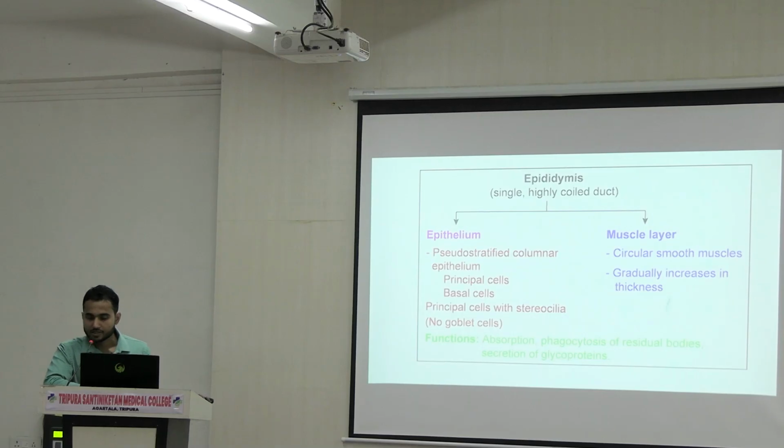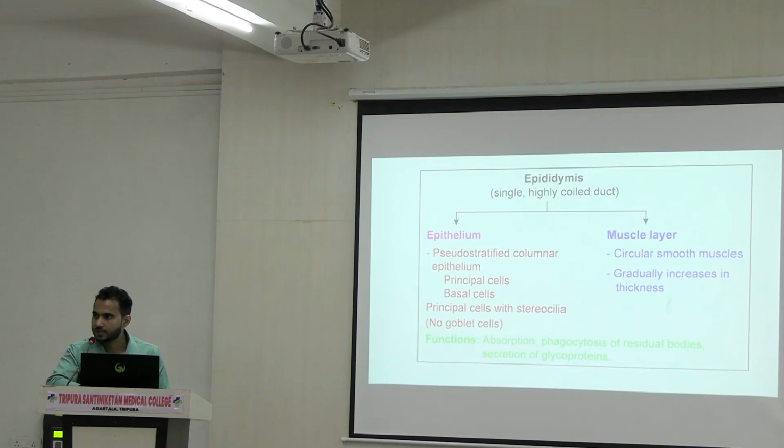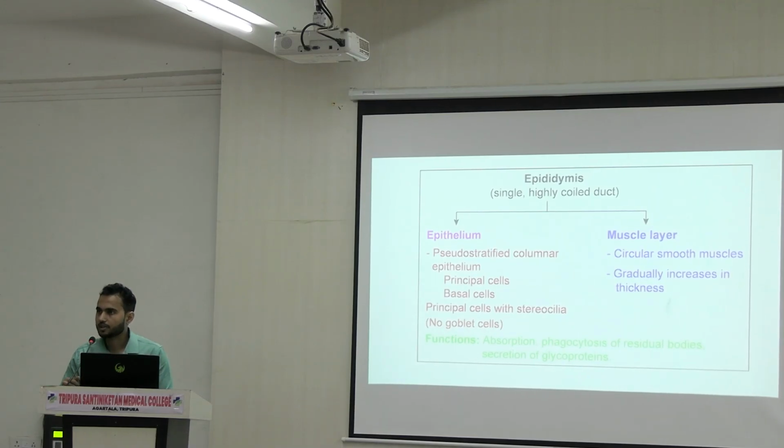Goblet cells are absent in this particular case. Next layer which is present is the muscle layer. Only one layer of circular smooth muscle cells is present. And gradually, as you go downwards from body to tail, the thickness of the epididymis increases.